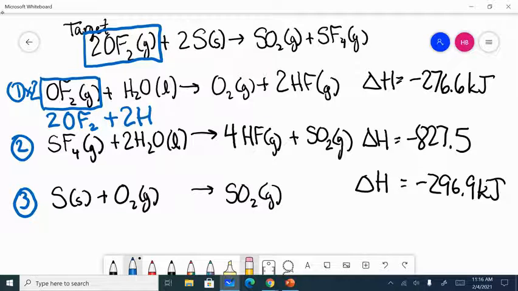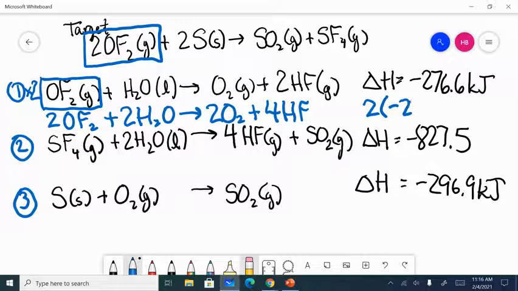I don't need to pay attention to the states of matter because nobody changes states of matter in this equation. Anytime you have states of matter that remain consistent, you can kind of ignore them. And then we're going to have 2 times minus 276.6. Next, I need sulfur in the reactant side with a coefficient of 2.